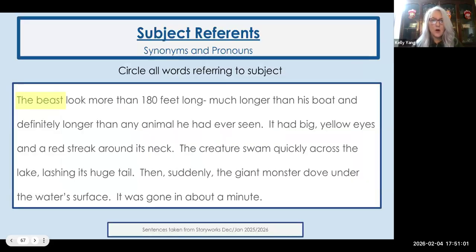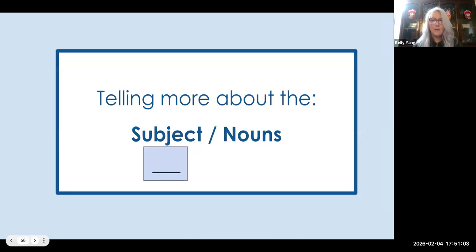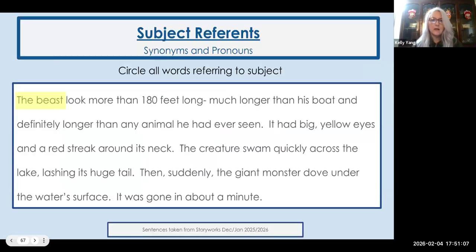So we're going to talk a little bit more about subject. The first tricky thing when we're talking about subject is the references, the synonyms and the pronouns that occur throughout a text. That's where students can get tricked up, right?